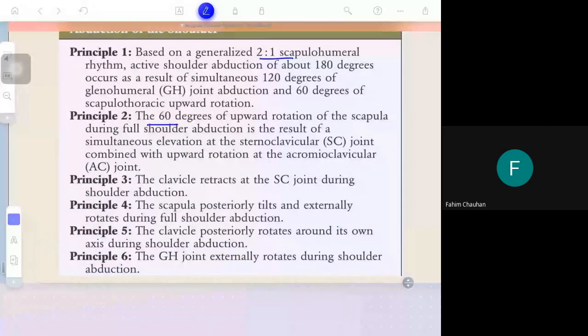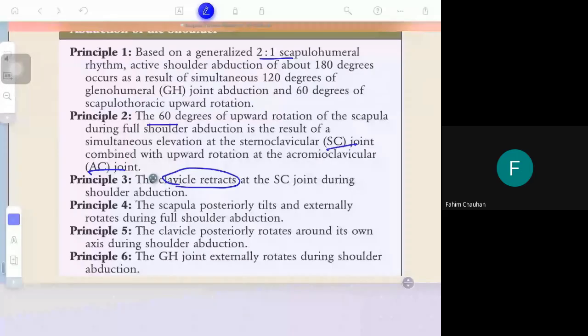Second is 60 degrees as the contribution of sternoclavicular and acromioclavicular joints. Clavicle retracts. Scapula posteriorly tilts and externally rotates. And clavicle posteriorly rotates. The glenohumeral joint rotates externally.